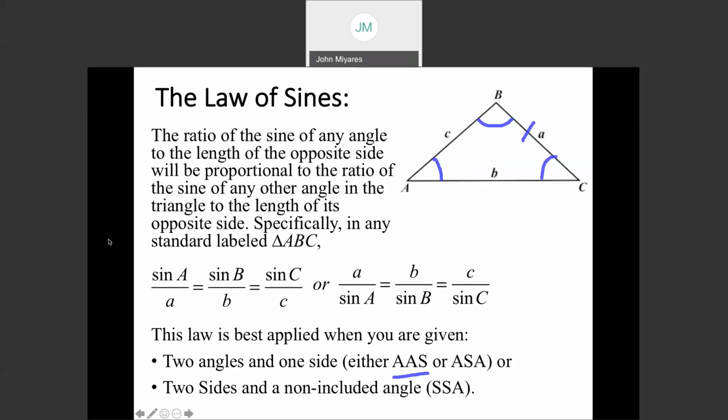Now, let me erase what we have here for a second. When I say SSA, I'm talking about getting two sides and the angle not in between the two.